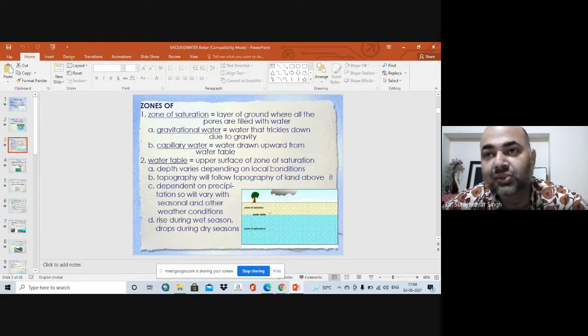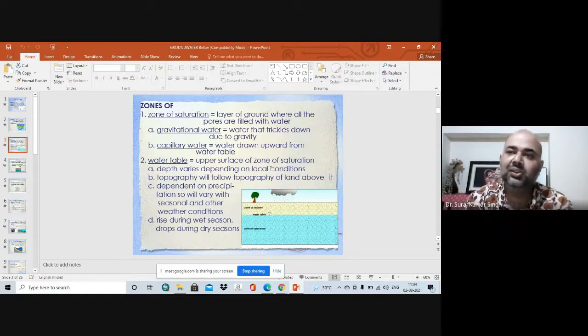When you compare the water table of UP and Bihar with Rajasthan, you will find Rajasthan with a lower water table compared to the plain areas, and that is because of the precipitation, topography, soil, land use, structures, and soil type.